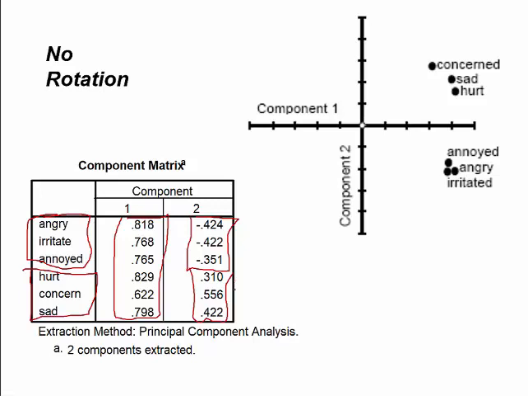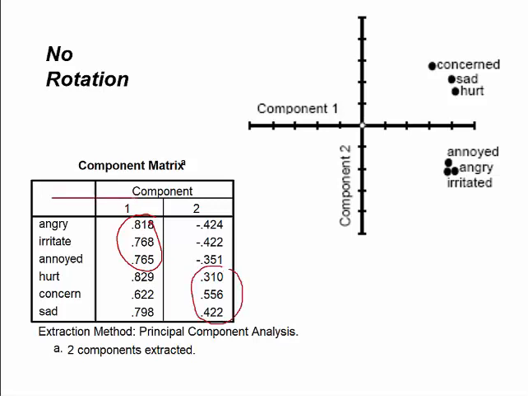In my ideal situation, all the hard emotion items would load on my first factor and all my soft emotion items on my second. I would say the first factor is the factor for hard emotion, and all the hard emotions load on that. And the second factor is the factor for soft emotion, and all the soft emotions load on that.